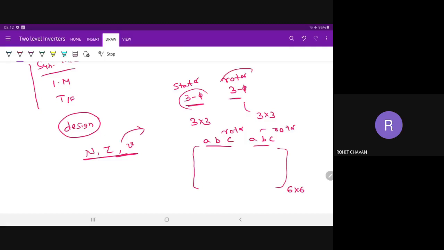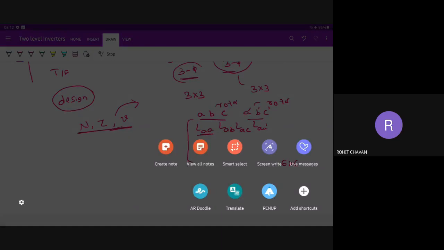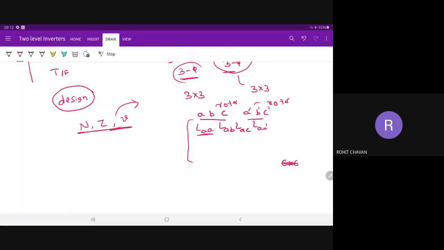Here LAA is, for example, the self inductance of the A phase, LAB and LAC are the mutual inductances. Similarly, taking the rotor terms as dashed, LAA dash, LAB dash, LAC dash.